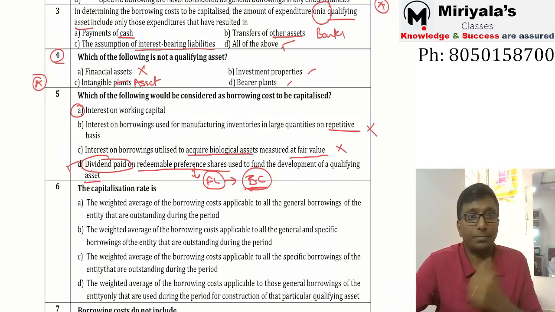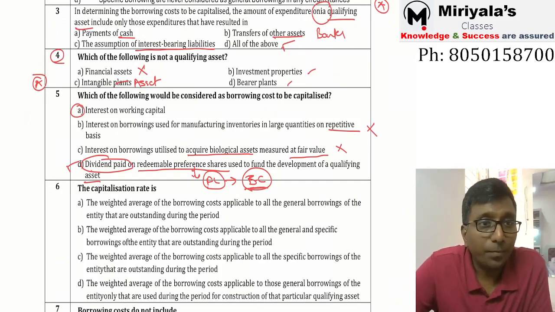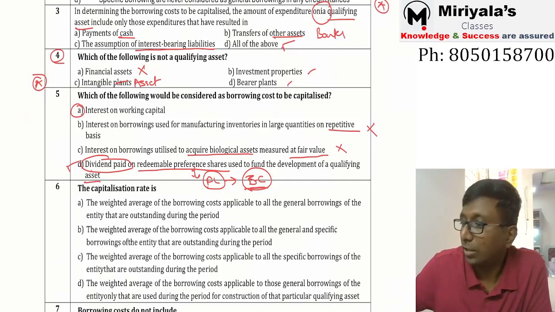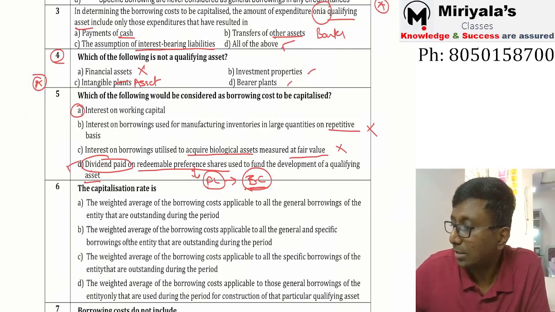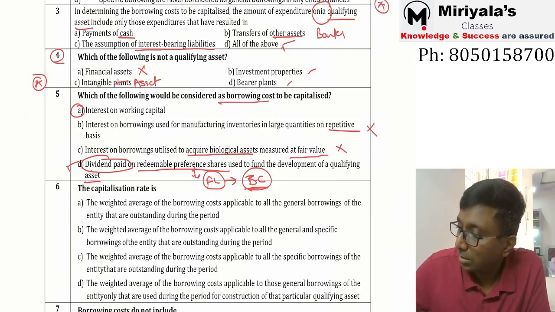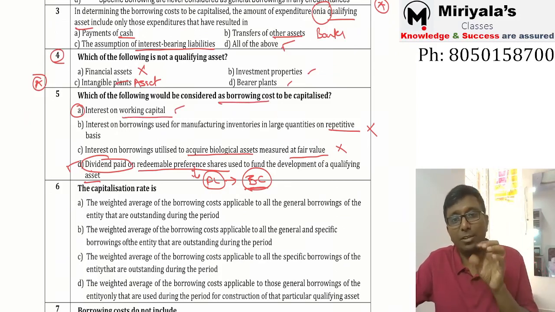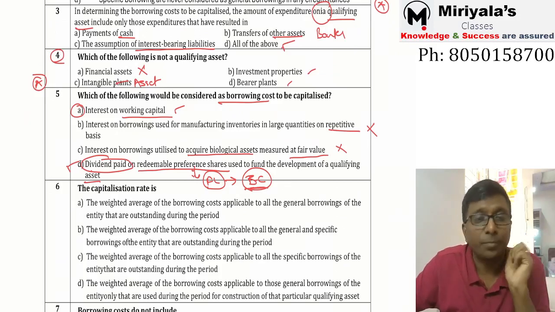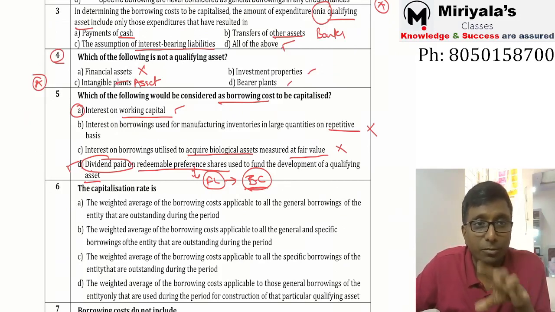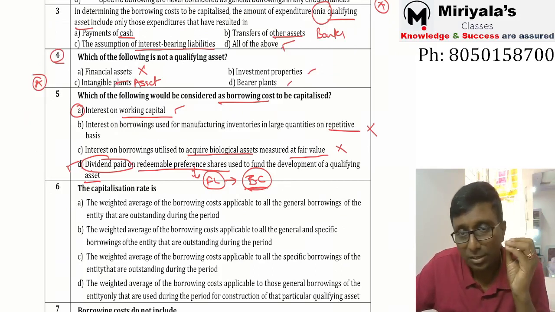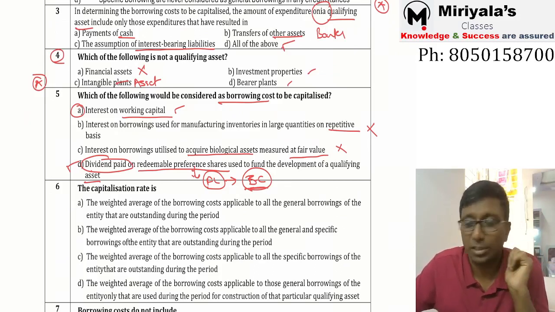Now in this question, the fifth question, which of the following should be considered as borrowing cost? Interest on working capital? Yes. Interest on working capital, I mean overdraft or something. If you prove that this has been utilized only for that purpose, but generally it is going to be part and parcel of borrowing cost. That is also borrowing cost actually.